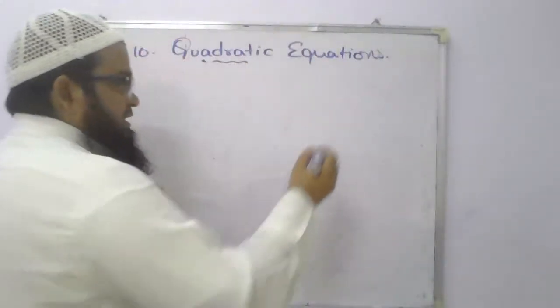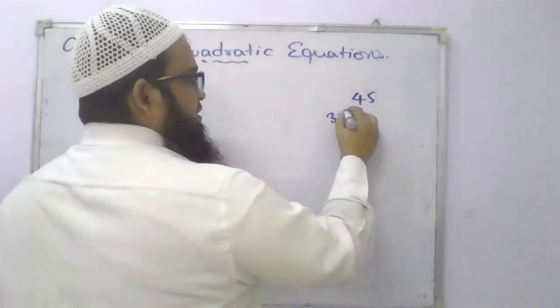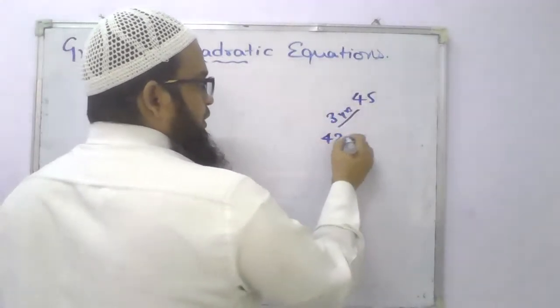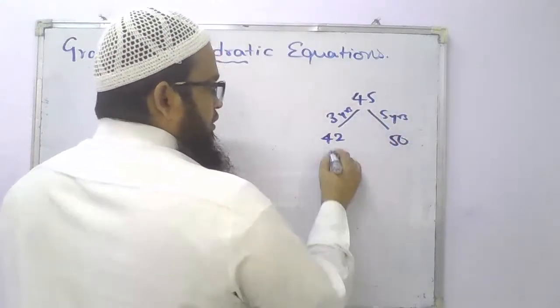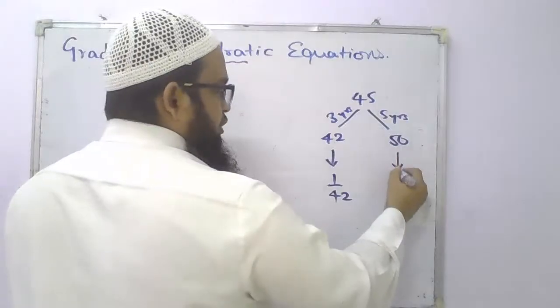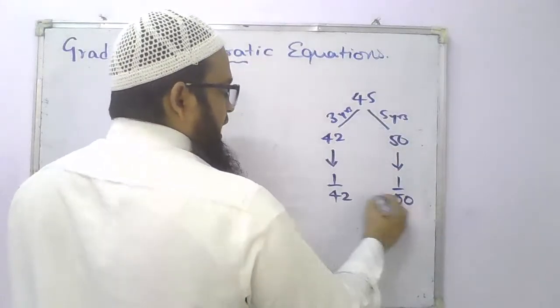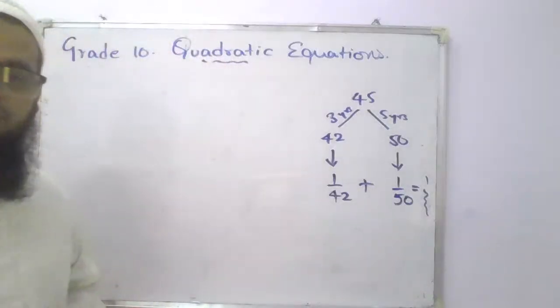So let us take my age as 45, and 3 years before it is 42, and 5 years from now it will be 50. The reciprocal of 42 is 1 by 42, and the reciprocal of 50 is 1 by 50. When you add these two, he is telling some number. Did you understand?